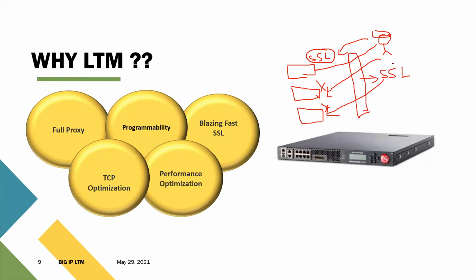So what you are eventually getting is that you are offloading some processing task from your actual server, and you are handing it over to your LTM. It means that your servers can now work efficiently.